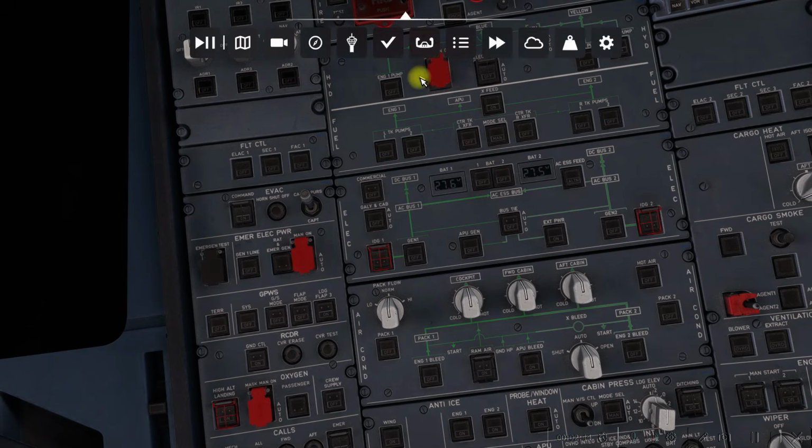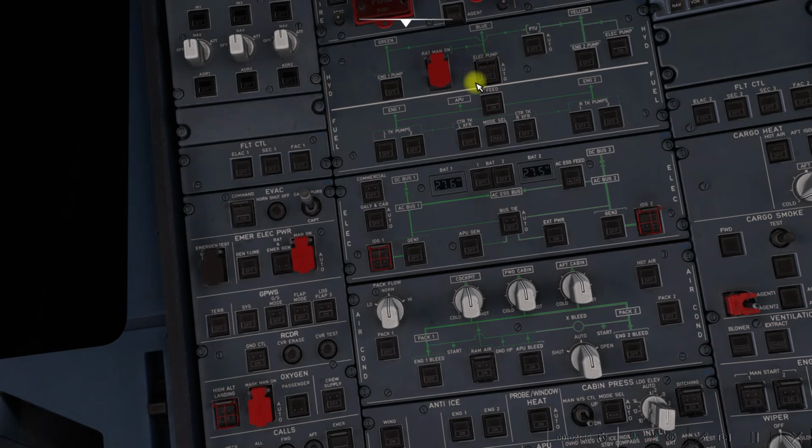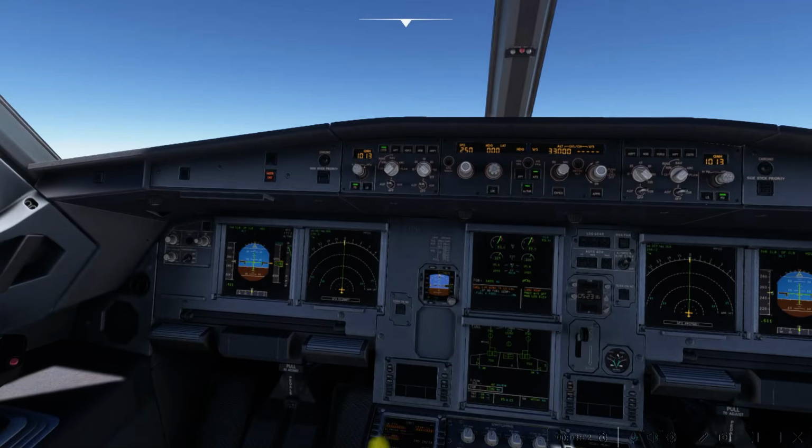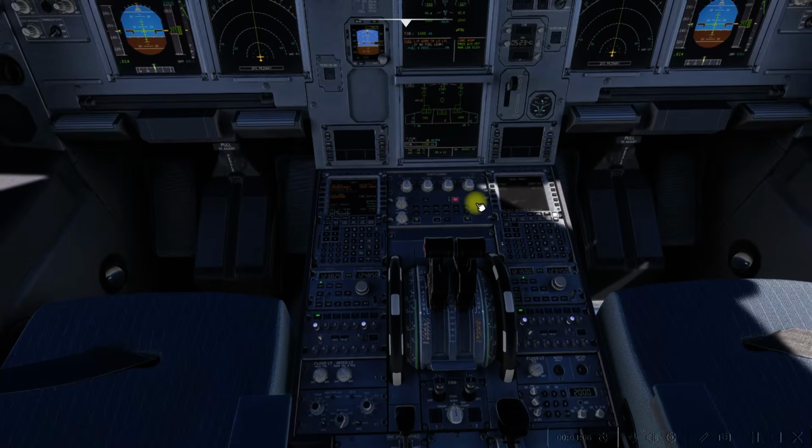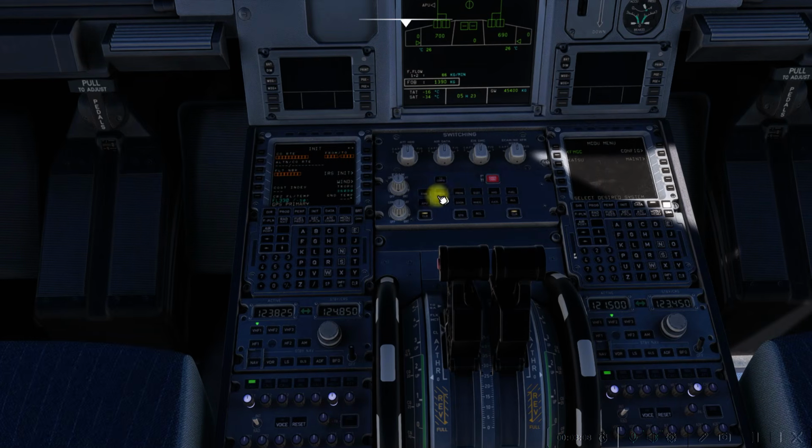The reason why you do this is so that it powers the blue hydraulic circuit and you partially recover the blue hydraulics, right? But in this case, the big difference between this and the other two methods is here the emergency generator does not connect. It's only the blue hydraulics which is powered. Whereas in the smoke procedure or in the automatic extension, the emergency electric will be activated.